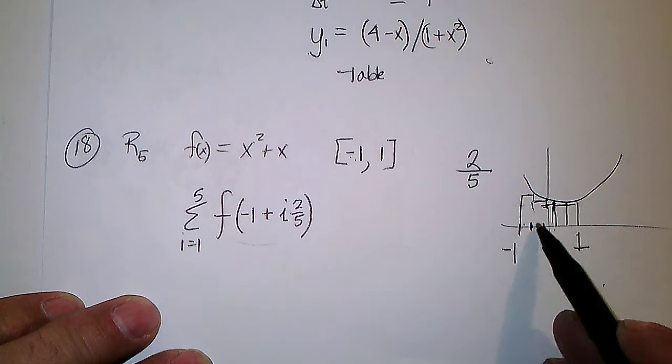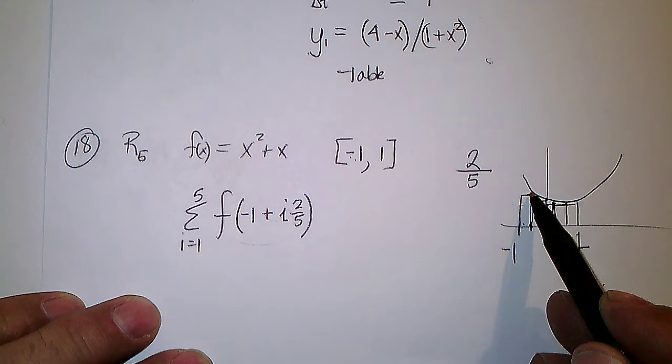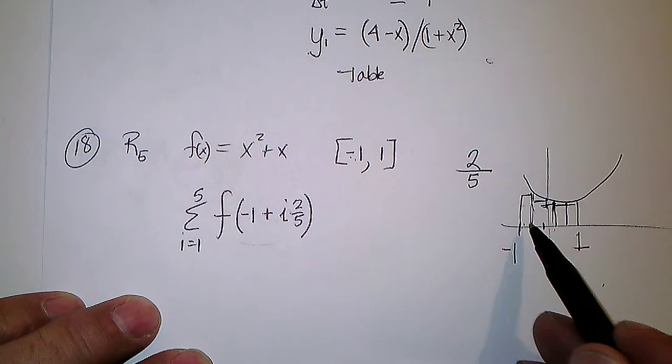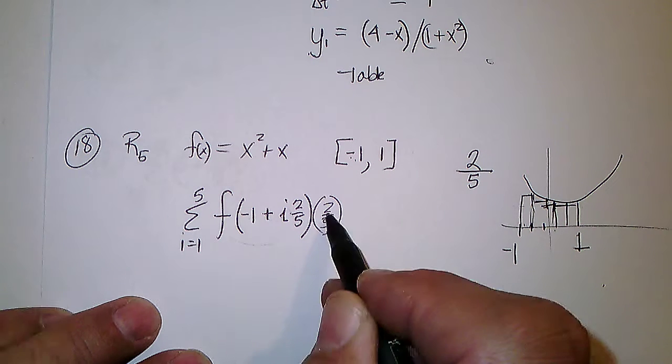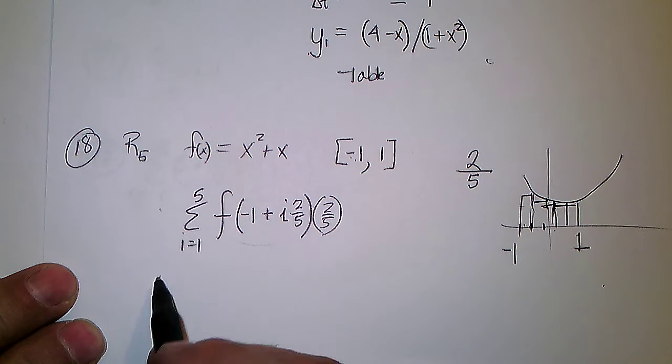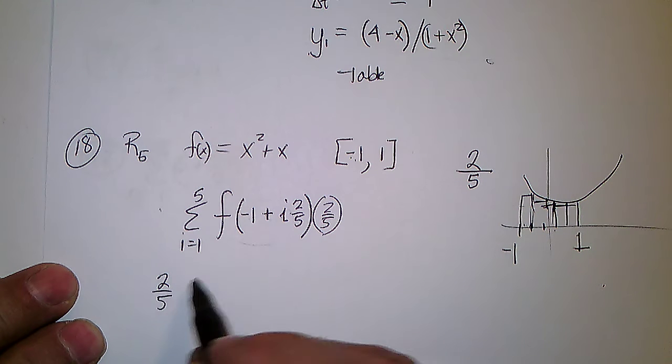So there's the height of each of these on the right side. And then I have to take it times the width, which is 2/5. And again, I could put the 2/5 on the outside, so I'm going to have 2/5 times.